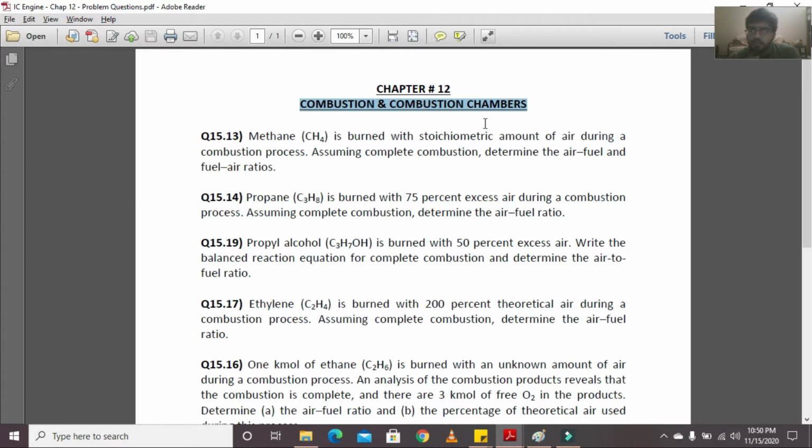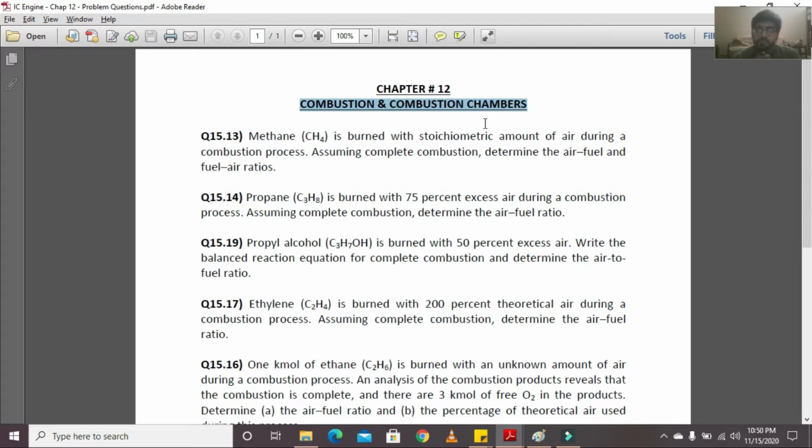After completing the combustion portion, we had a brief overview regarding the combustion chambers as well. We studied the different classifications, configurations and arrangements of combustion chambers for SI engines, and I also gave you a brief overview of the different types of combustion chambers in CI engines, which were direct injection combustion chambers and indirect injection combustion chambers.